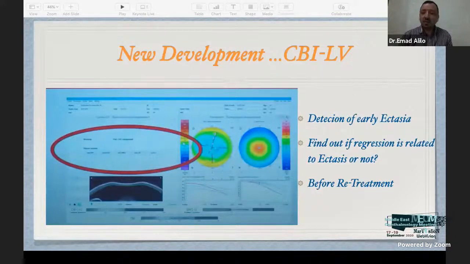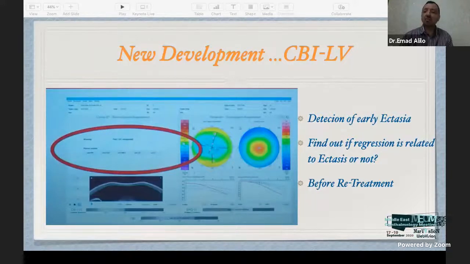Now, the new development in biomechanics came recently, I think last year. In the ESCRS, they released the new CPI-LV. This is a new normative data, developed by the same groups of doctors from 3 or 4 continents, gathering information from around 4,000 to 5,000 patients.